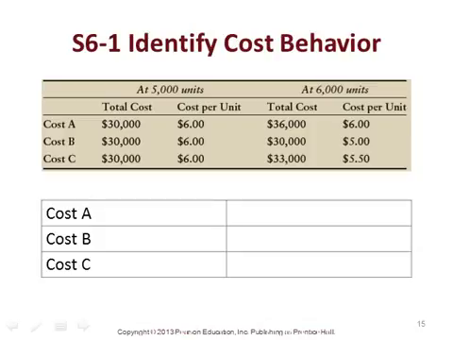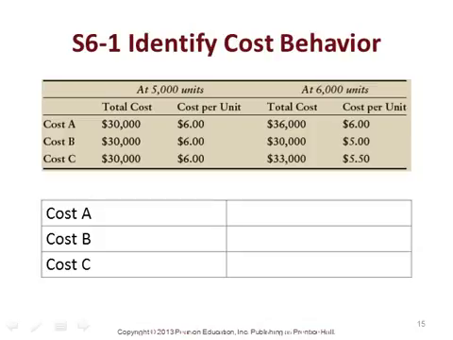For cost B, at 5,000 units we have $30,000 in total cost, or a cost per unit of $6. And at 6,000 units, we have $30,000 and a cost per unit of $5 per unit. So essentially for cost B, going from 5,000 to 6,000 units, the total cost doesn't change, versus cost A, where going from 5,000 to 6,000, the total cost did change.